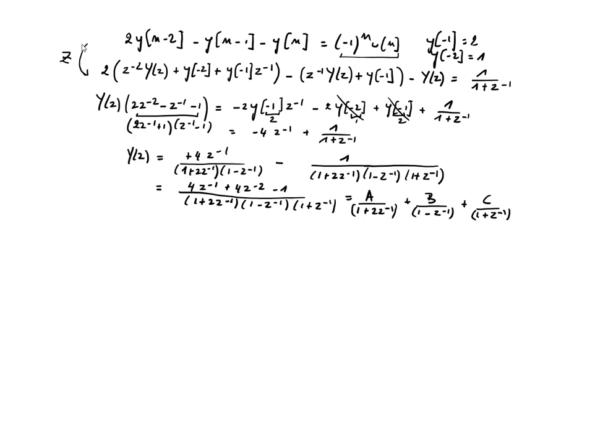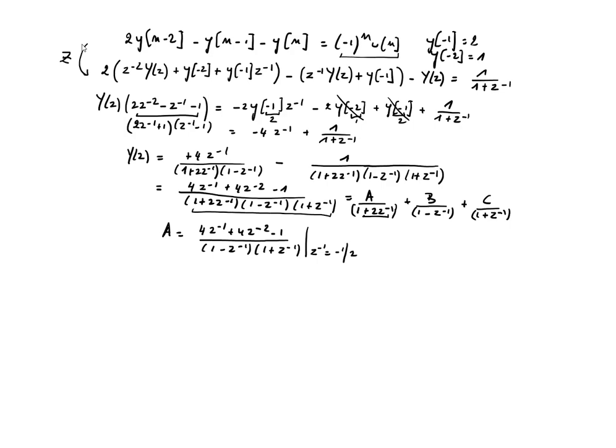Remember that a is obtained by multiplying this expression here by 1 plus 2z^-1, so the numerator divided by 1 minus z^-1, 1 plus z^-1, and you have to evaluate it at the root of the denominator. z^-1 is equal to minus a half.